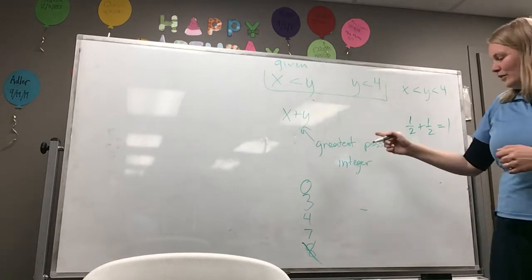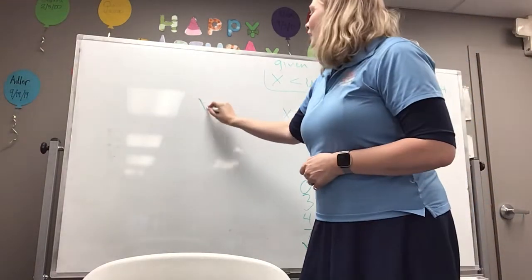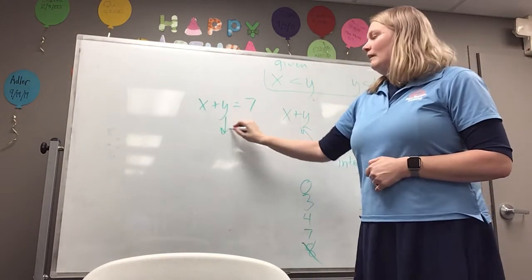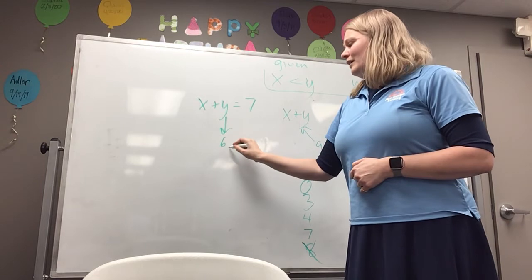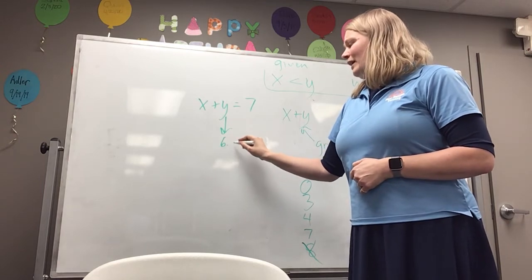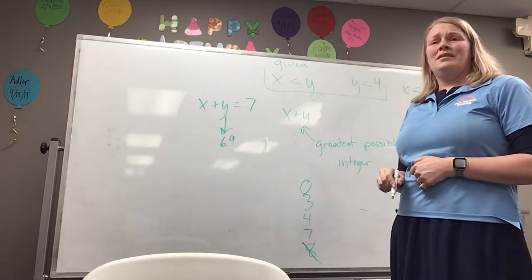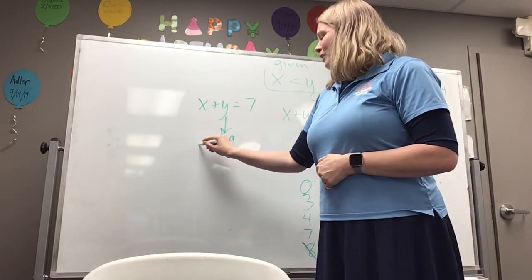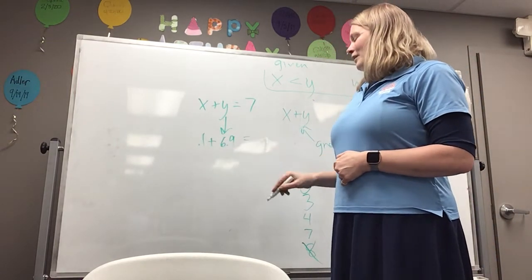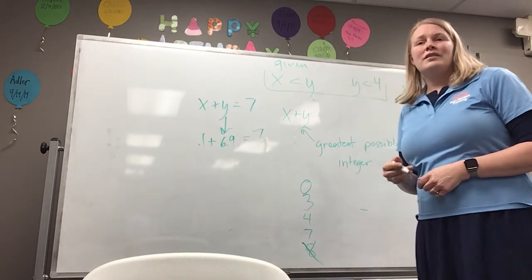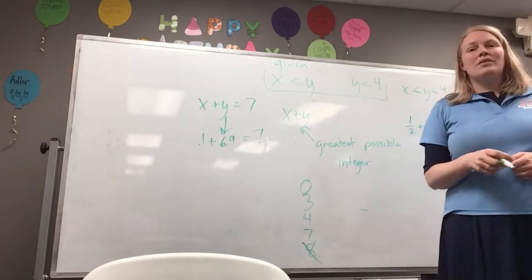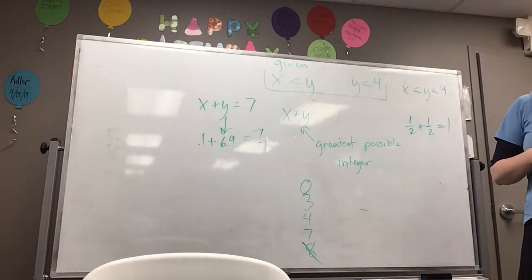And so if we have x plus y equals 7, this could be 6.9 and this one could be 0.1, and it still equals 7. So there's no way to get to 8, but 7 is definitely possible.